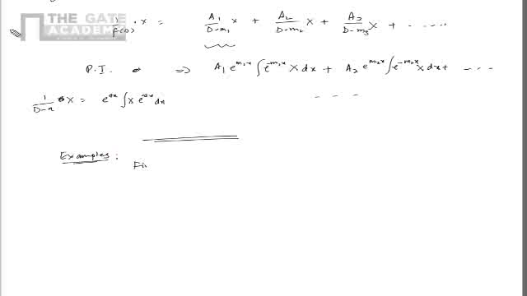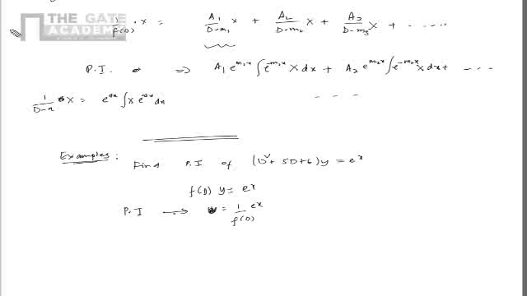Now find the particular integral of (D square plus 5D plus 6) y equal to e power x. So I can write f of D y equals e power x, and the particular integral is 1 by f of D e power x.